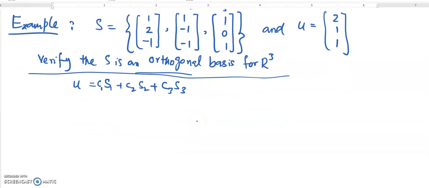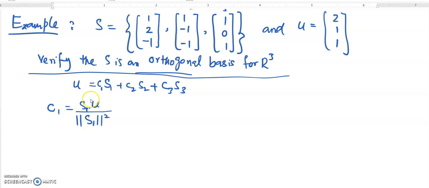So that means, I repeat, if S1, S2 and S3 are orthogonal, and they form the basis of a certain subspace, then we can always find a certain combination of them to make them equal to U, for this given vector.